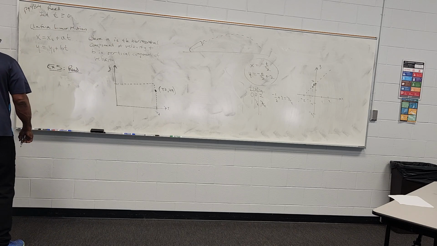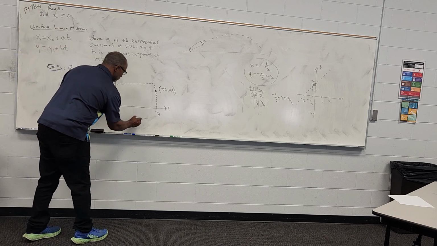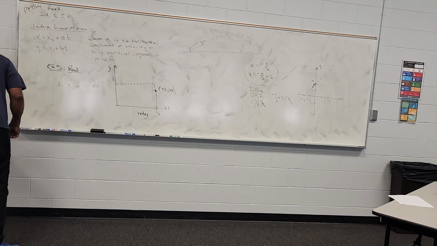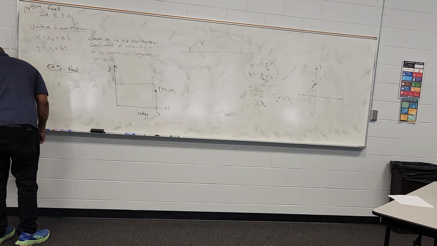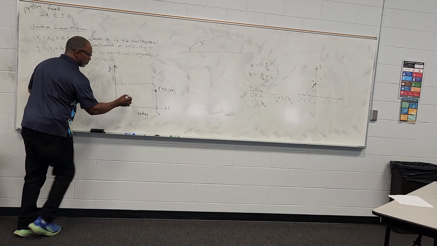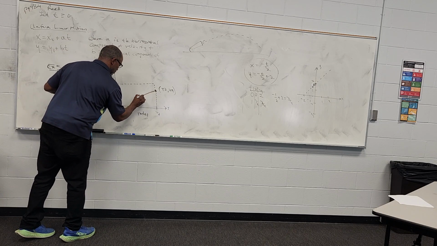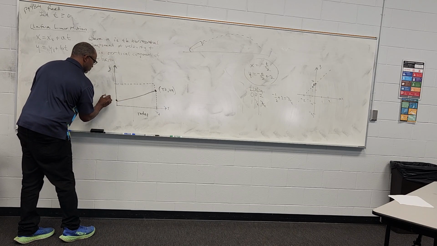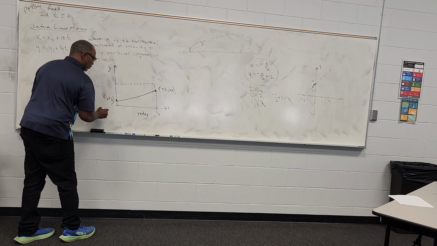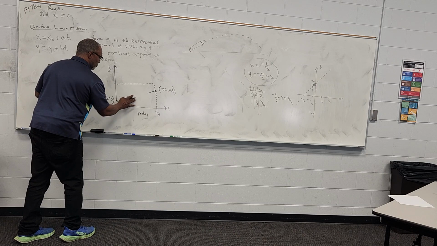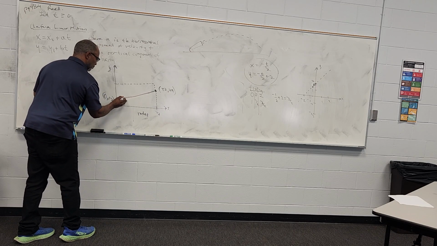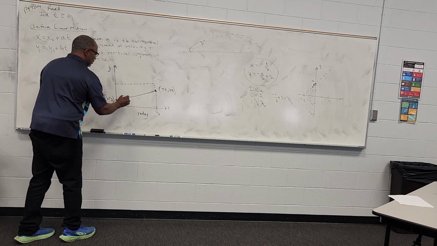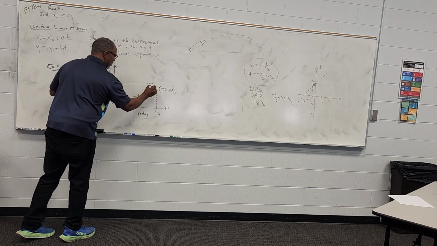And these are inches, and B is at 0, 12. So suppose that's the point 0, 12. What they said is there's an ant.